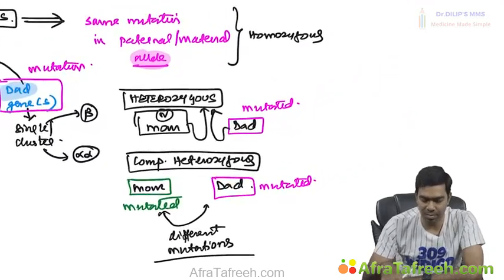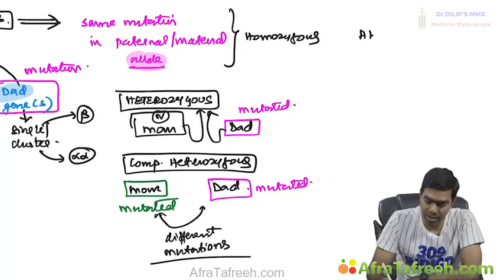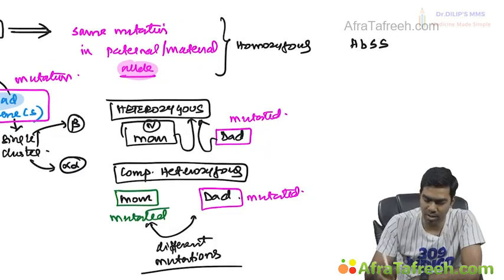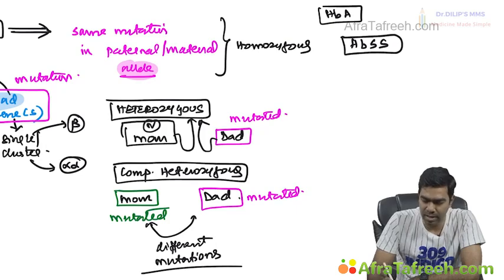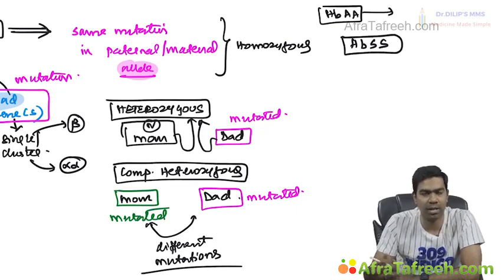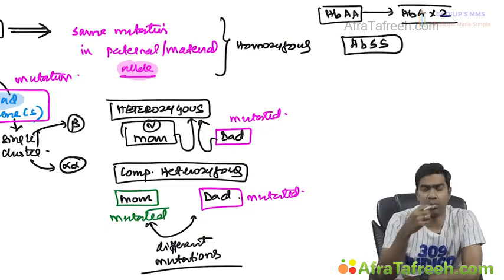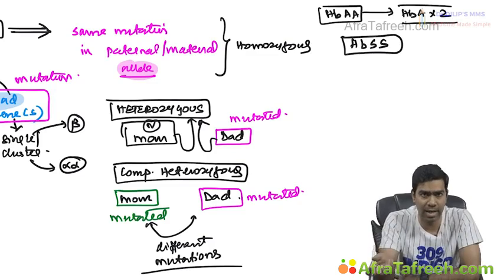A classic example of a homozygous mutation is HbSS. If you have HbAA, the patient has both hemoglobin genes making hemoglobin A. So both from the mom's side they inherit hemoglobin A and from the dad's side they inherit hemoglobin A as well.